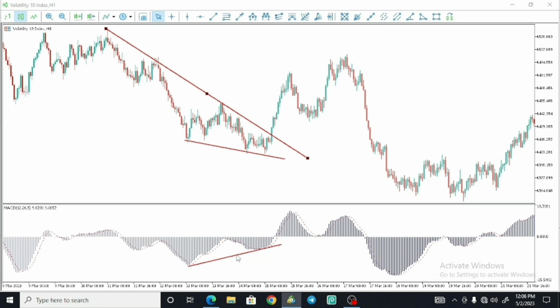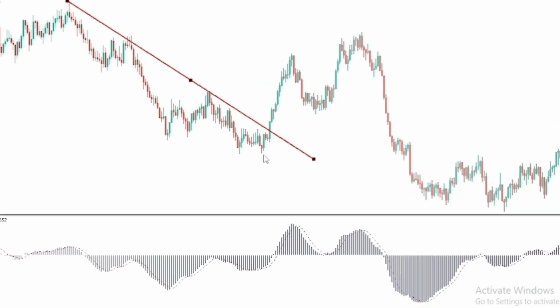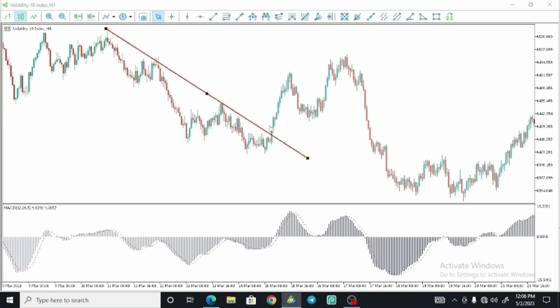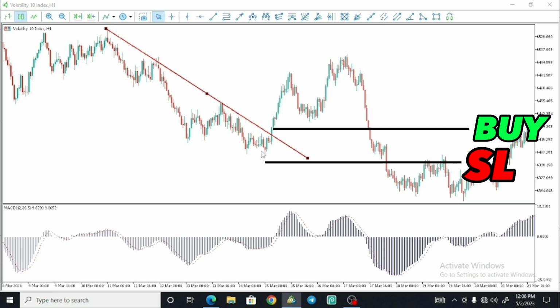So what do we do next after seeing this? The next thing that we do is to wait for that candle that closes above the trend line, which in this case is this candle right here. So we'll place a buy order here, and for our stop loss, we want to place it below the lowest point where the market got to. So in this case, I will put my stop loss below this zone right here.